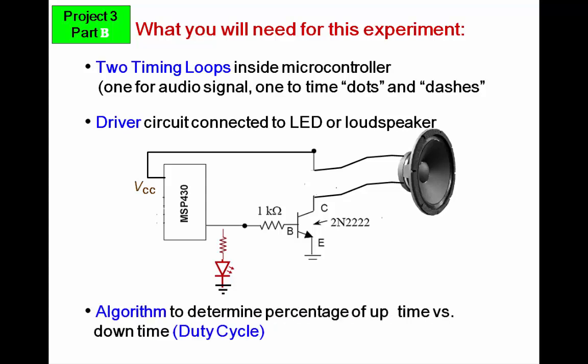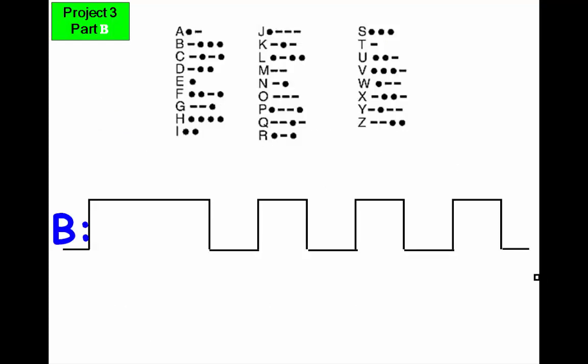You'll also again need an algorithm to determine the percentage of up versus down time, the duty cycle corresponding to the Morse code of the letter you wish to reproduce.